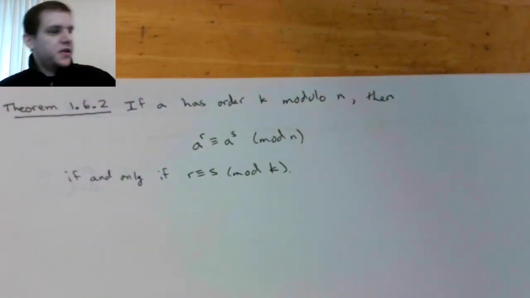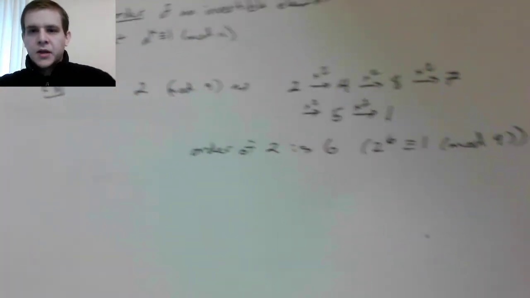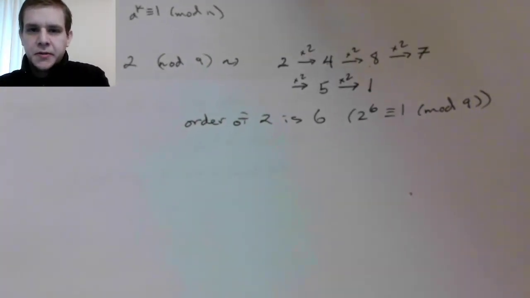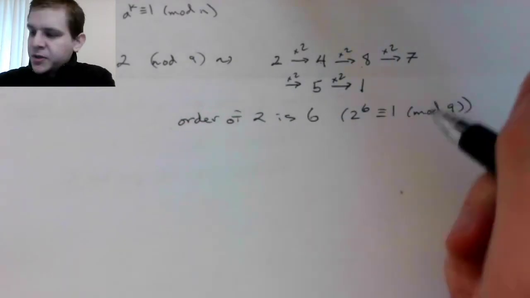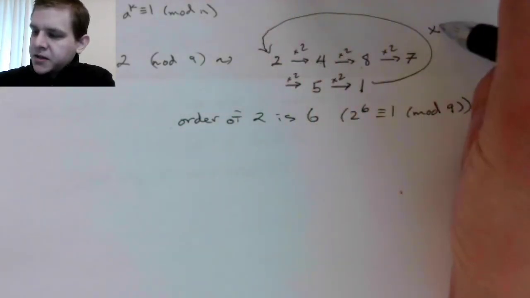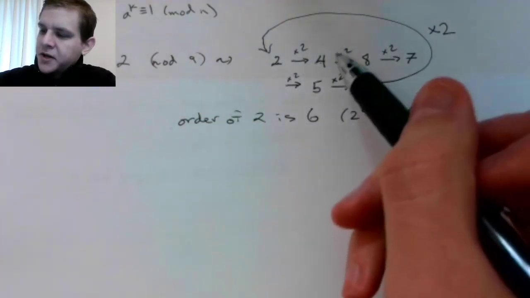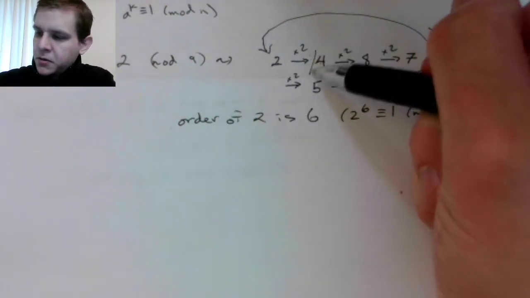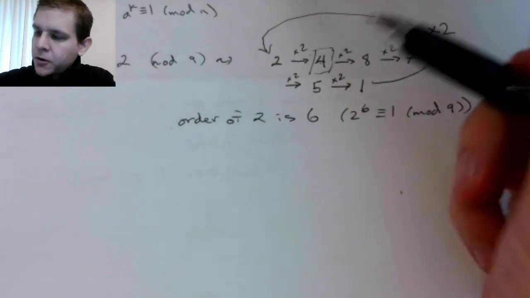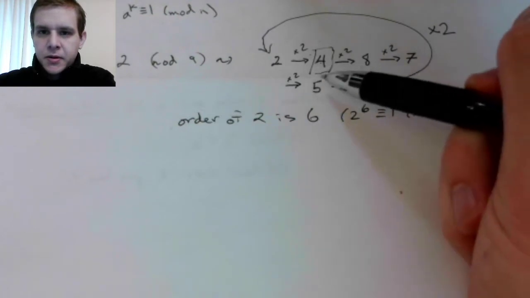It's sort of intuitive from this computation here, this picture, right? What happens when I start multiplying by 2 again? I come back to 2. So if I start from here and I take some power, I need to go around the loop a certain number of times.